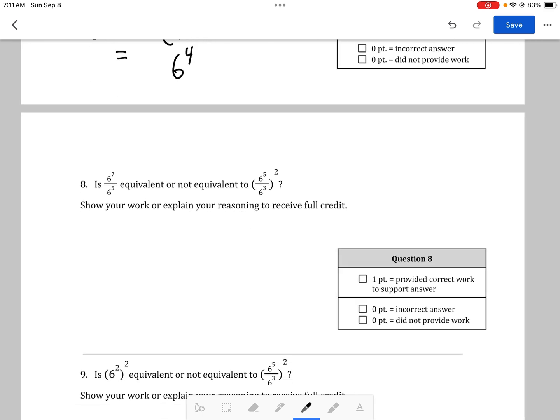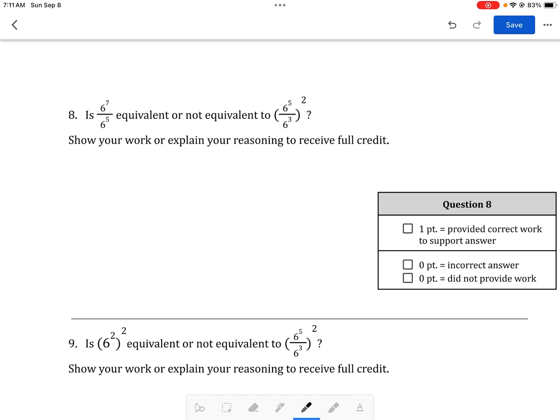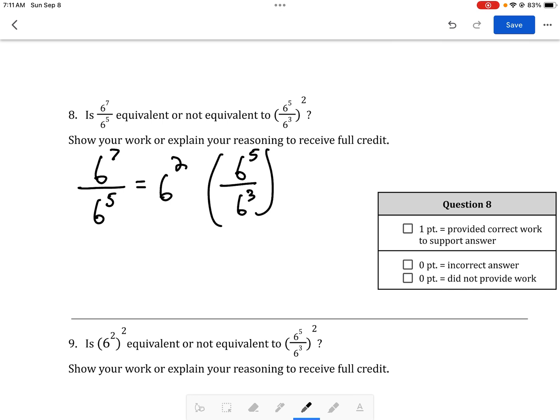Looking at number 8, is 6 to the 7th over 6 to the 5th equivalent or not equivalent to 6 to the 5th over 6 cubed, squared? Once again, we're dividing like bases, and when I divide like bases, I need to subtract my exponents. So 6 to the 7th over 6 to the 5th becomes 6 squared. Looking at my second problem, I have 6 to the 5th over 6 cubed, and I'm taking that to the second power.